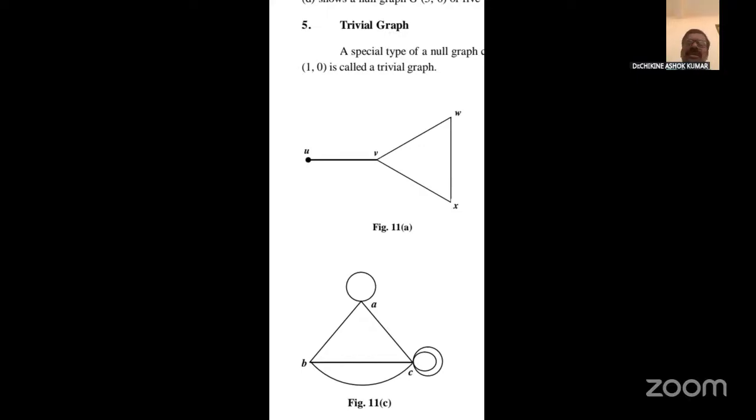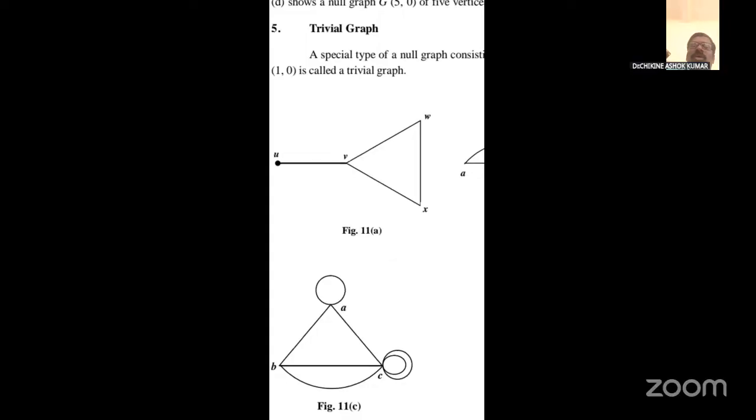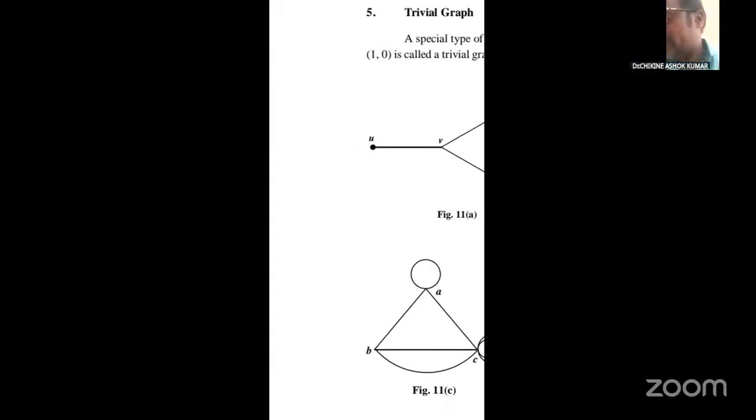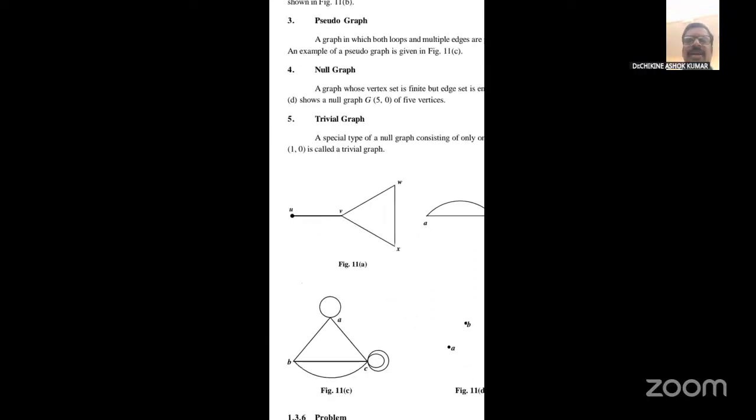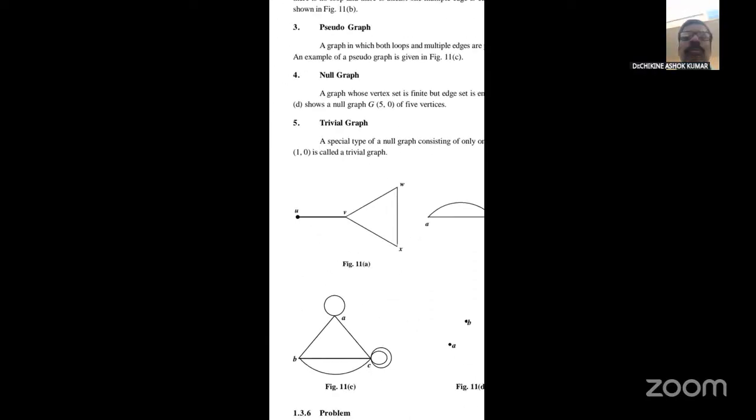U, V, W, X: 4 vertices, and edges U to V, 1 edge, V to W, 1 edge, V to X, 1 edge, and W to X is another edge. These kinds of graphs come under the simple graph, because these graphs do not have any self loop.